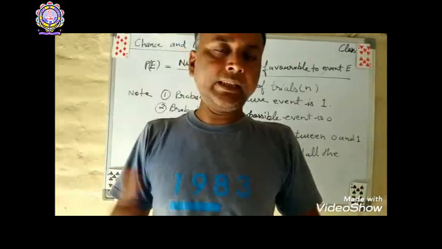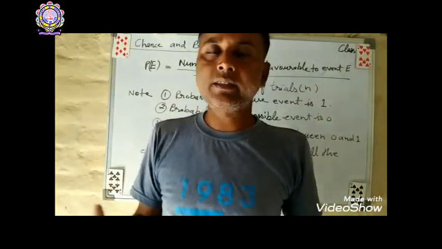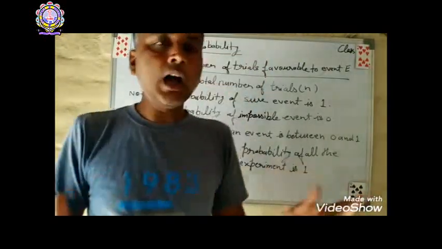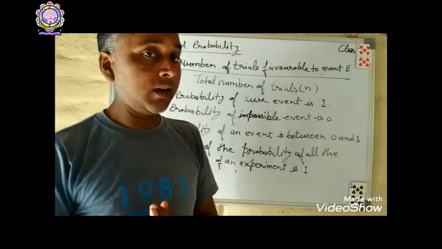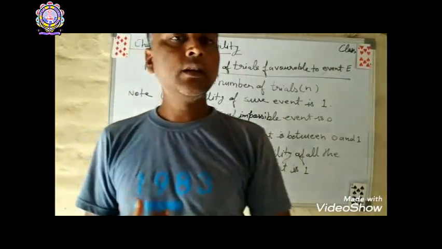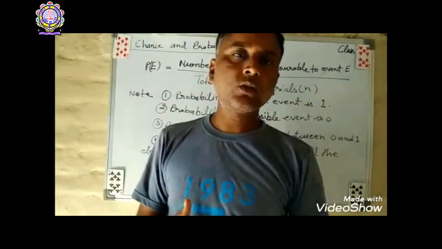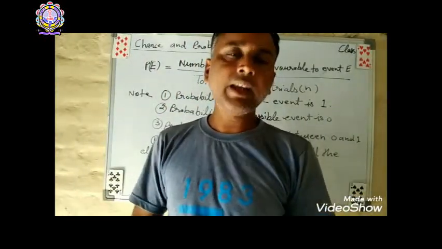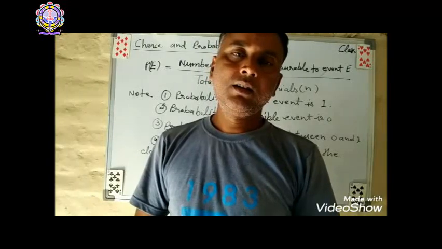So both faces have 50-50% chances, or you say half chances. So half means 1/2 chance to come head and 1/2 chance to come tail. Okay.